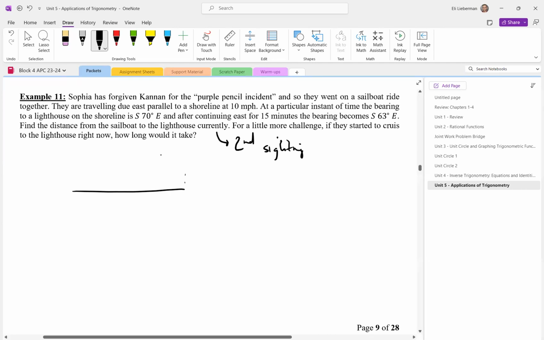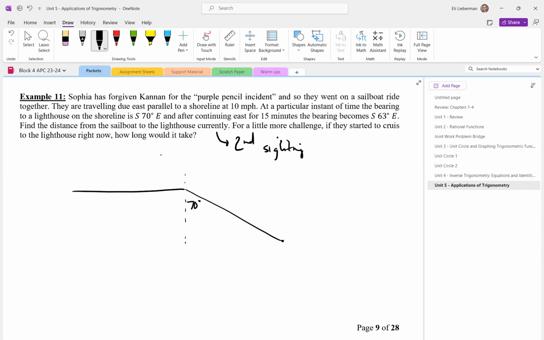So this way is south, which means maybe here-ish. Does that look like it could be about right? So 70 degrees east of south. First we look south and then 70 degrees to the east. This is where the story begins, at the first sighting of the lighthouse.